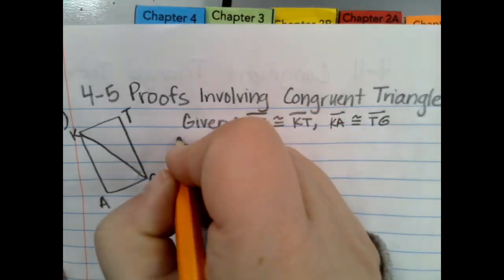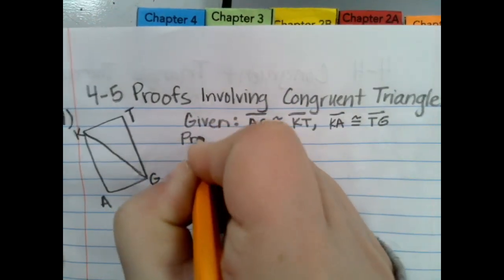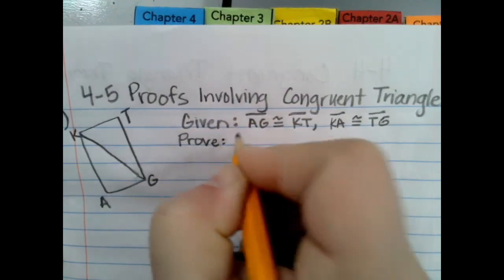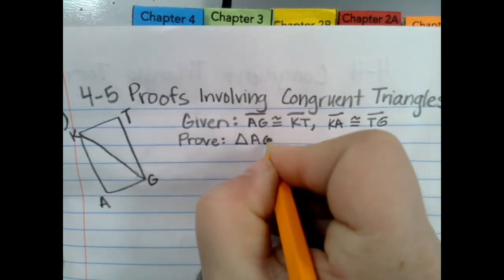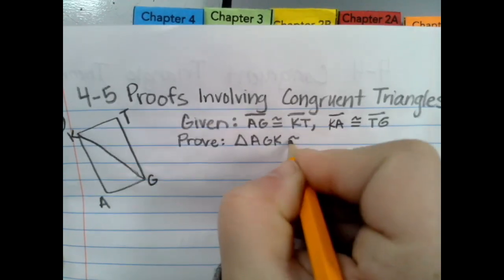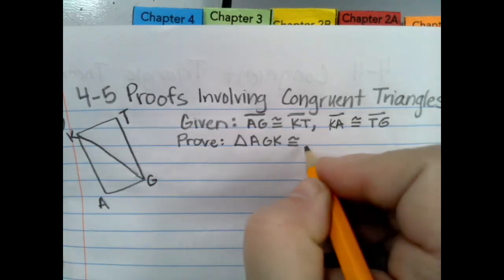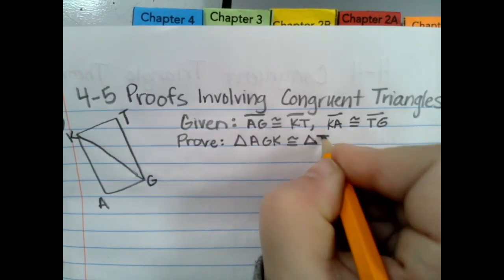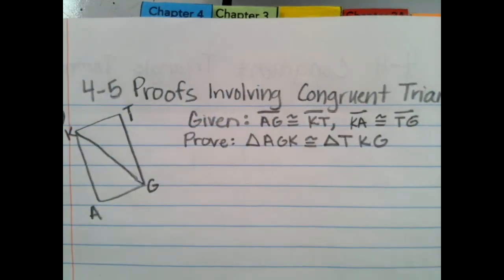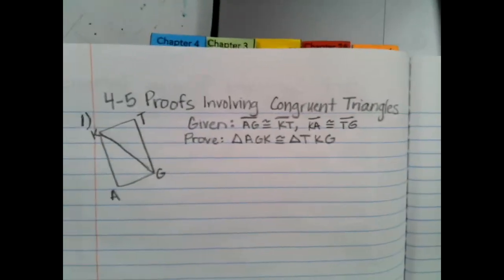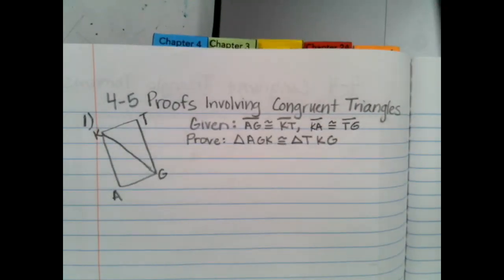What we are trying to prove is that the triangles are congruent. So we're going to say triangle AGK is congruent to triangle TKG. So go ahead and make sure you have that information written down, because if you don't have that written down, the proof won't really make sense.